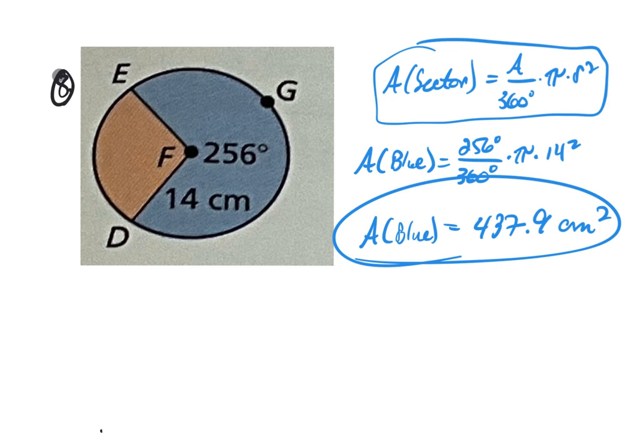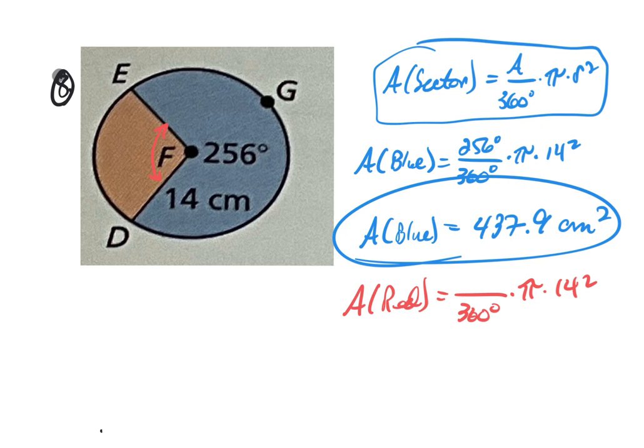Okay, and then the red sector area is going to be the angle divided by 360 times pi times the radius squared. The radius is still 14, but what changes when we move to the red is the angle. The blue angle was 256. What's the red one going to be? Well, of course, the two together form a complete circle, so they add up to 360.